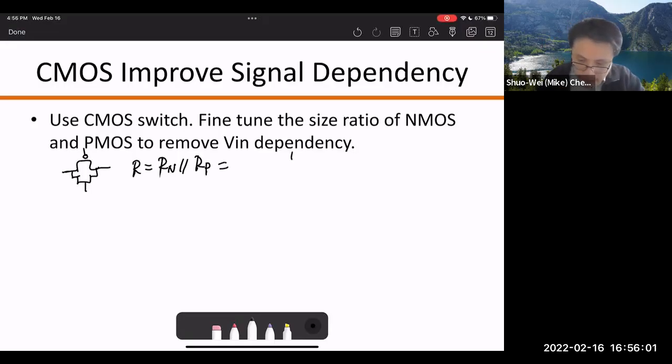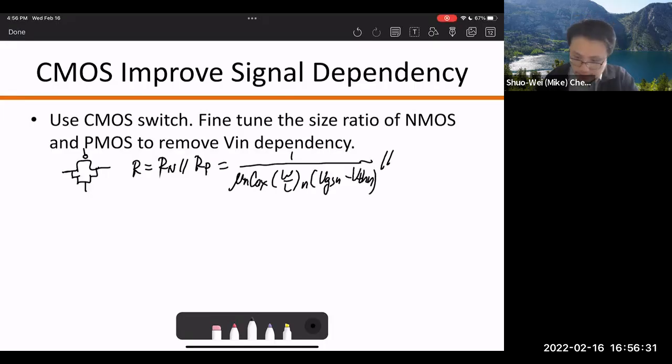And again, if we assume this is a square law device, which we know is not, but if we assume that's close enough, and we just want to get some insight. So you can see this will be the on resistance from the NMOS, which is 1 over mu n Cox W over L of the NMOS times (VGSN minus VTHN), right?